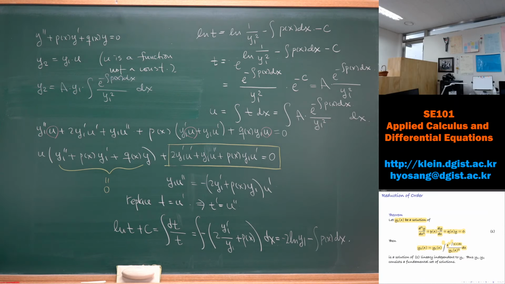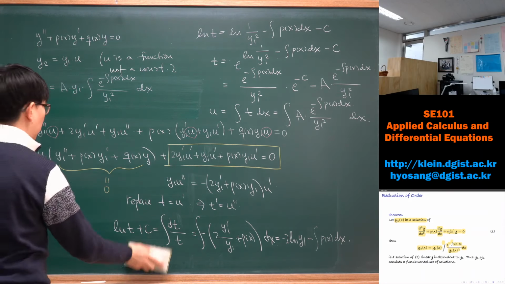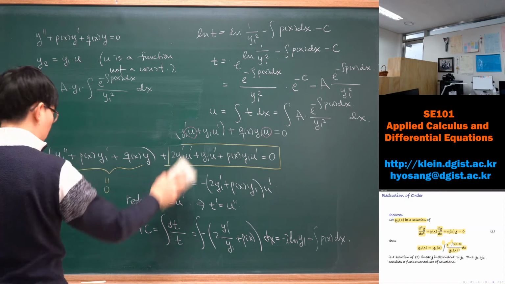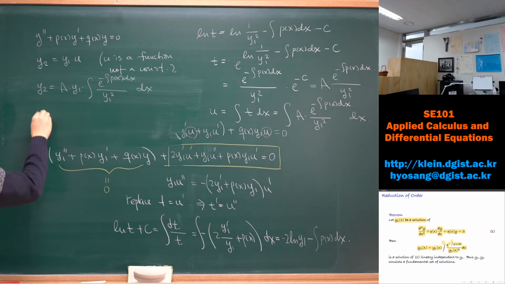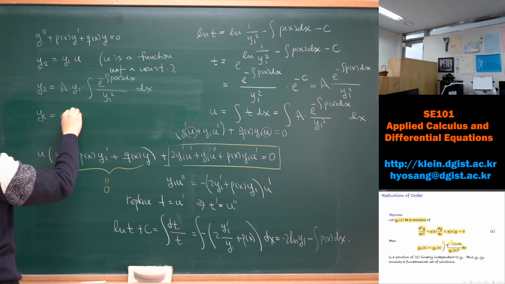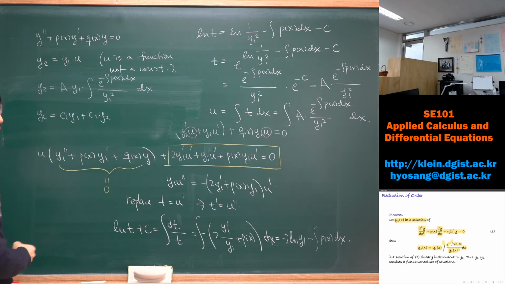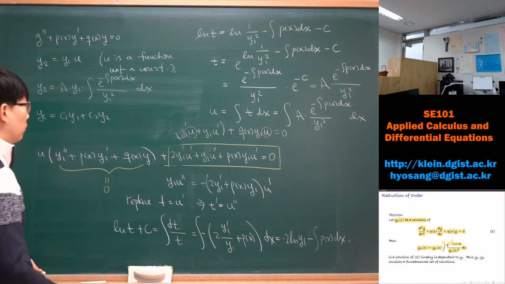Now, what I'm going to do with y2 is take a linear combination of y1 and y2 and express my complementary solution, the general solution to this second order differential equation, as c1y1 plus c2y2. Now c1 and c2 appear as arbitrary constants, and also there is another arbitrary constant a. I don't need arbitrary constants multiplied together to represent an arbitrary constant.